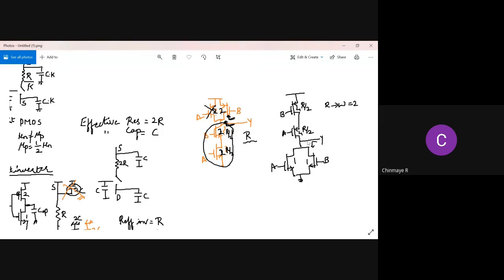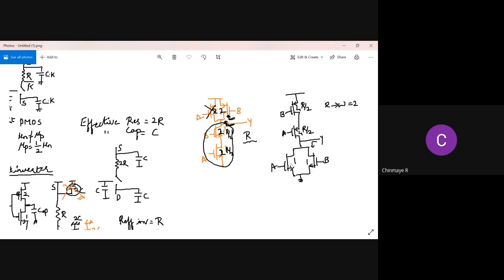The worst case rising time here will be when both of these transistors are on. So we want the effective resistance of this branch to be equal to R. Therefore, we need each of the transistors to exhibit a resistance of R by 2 and R by 2. We sized the PMOS transistors so that each of them exhibits a resistance of R by 2. Therefore, W of both of them are 4 and 4.